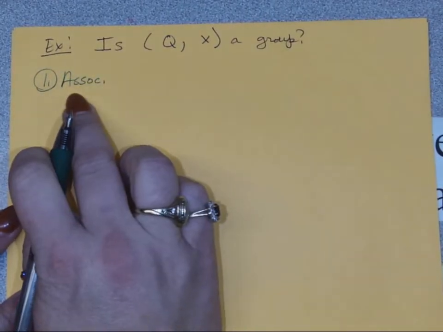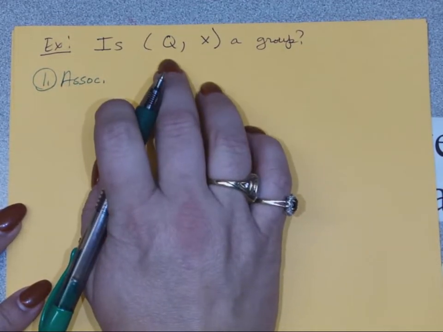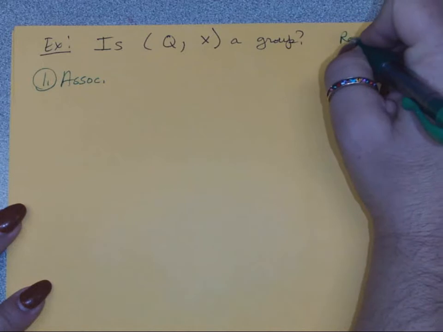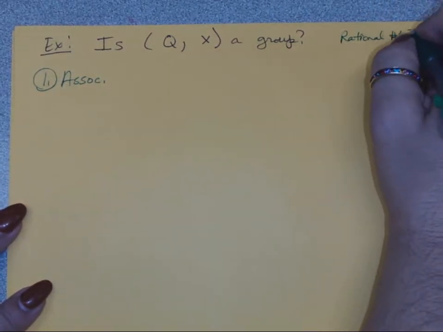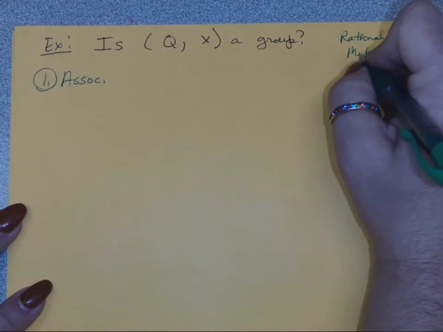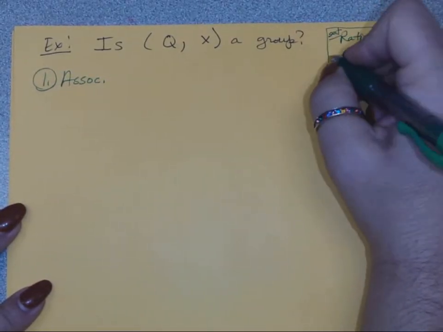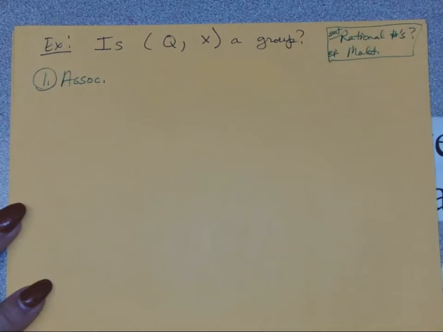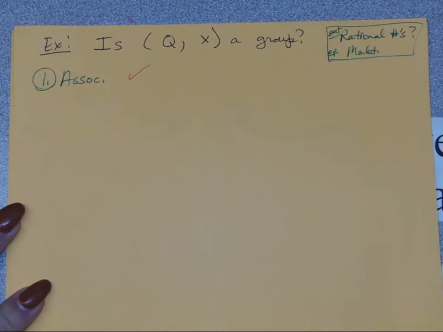Grouping doesn't matter whenever I'm doing multiplication with rational numbers. Q is rational numbers, right? So that's my set, and multiplication is my operation. Yep, associative, grouping doesn't matter. Everybody agree? Yep, it works.